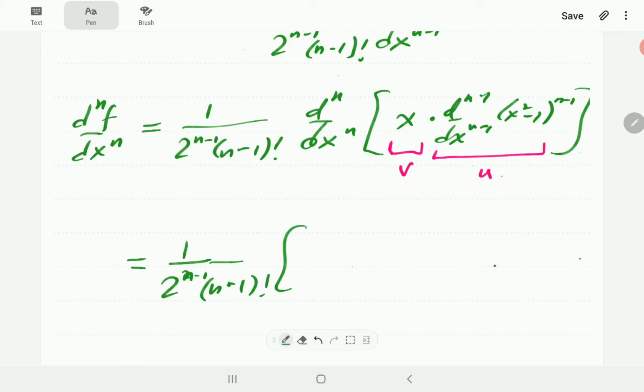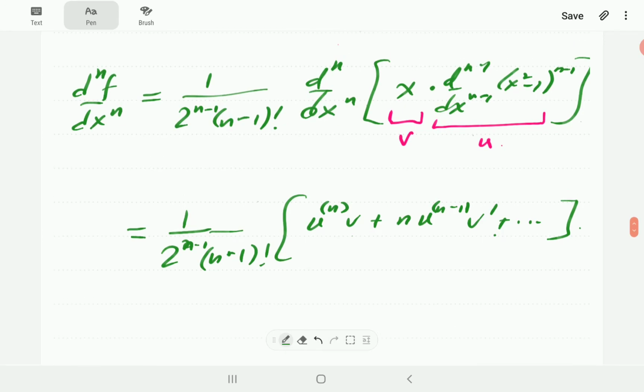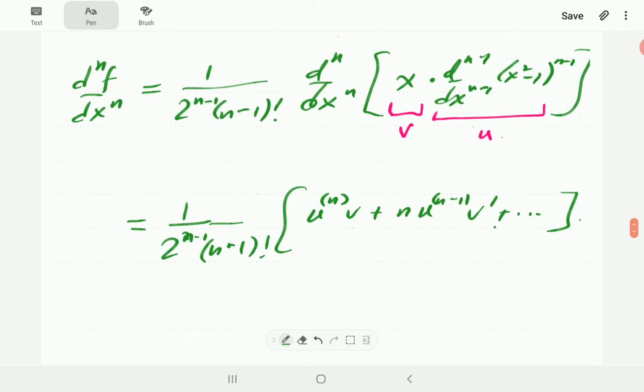Then here we're going to have the nth order derivative of u times v, and then n times the n minus first order derivative of u times v prime, and then lots of other terms. We're going to have n plus 1 terms in total, but these first two are the ones that are going to be relevant for this calculation.